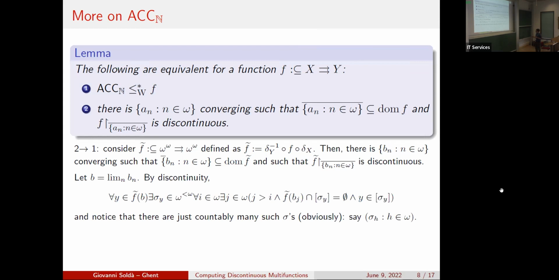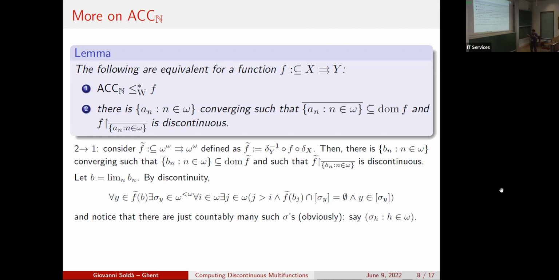Maybe it wasn't the smartest idea I've ever had to put this on a slide, but what does discontinuity tell you? It tells you that for every y in the image of the limit point, where b is the limit point of the sequence that I found, you have to be able to find a neighborhood of it, and essentially a sequence of points in the rest of the sequence, such that the entirety of the f image of these points misses these open sets completely.